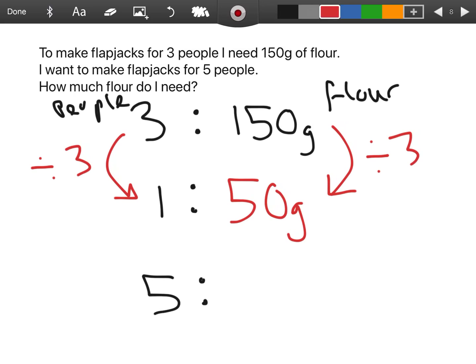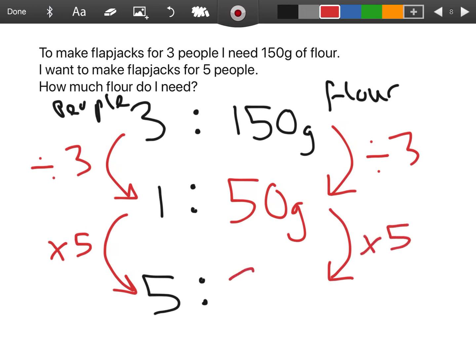So to get from 1 person to 5 people, I need to multiply by 5. So I'm going to take 50 grams of flour, which is what I need for 1 person, and times that by 5 to get 250 grams. And that's my answer.